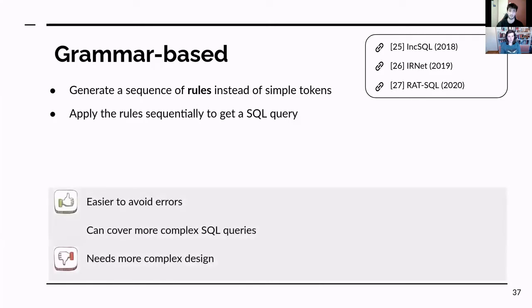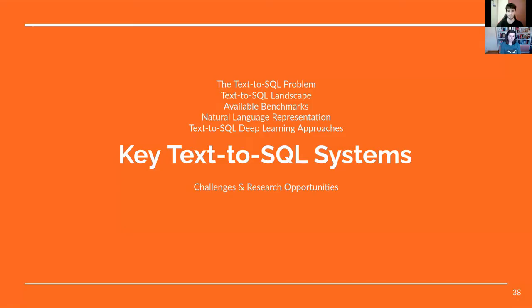And these kinds of approaches make it easier to avoid errors because we designed our grammar in a way that it is not possible to generate syntactically or semantically incorrect queries. We can cover more complex SQL queries, but at the same time, these kinds of approaches need more complex designs and more intricate approaches.